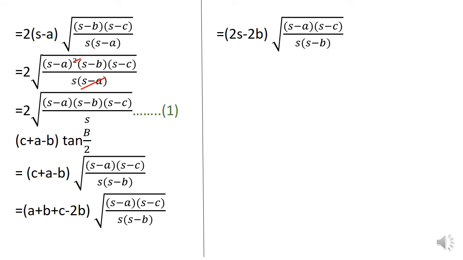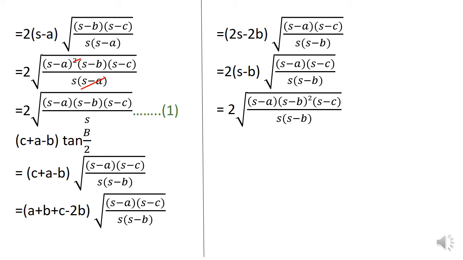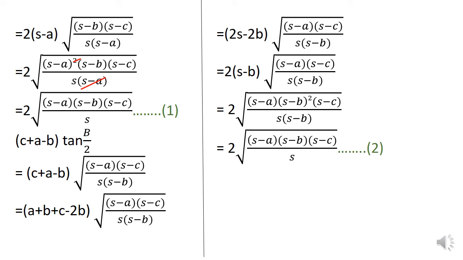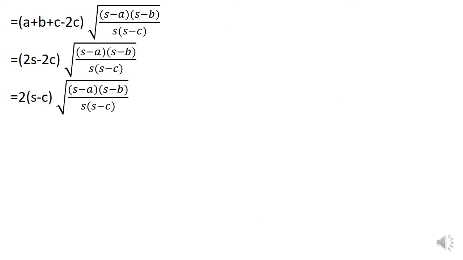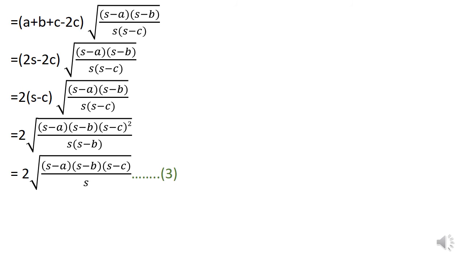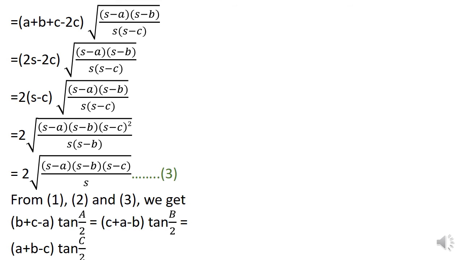And the next step is the same as you can see, and the next to next step. Thus we get the same thing that we got as the first equation, which becomes the second one. The third term also is treated in the same way. You can see it for yourself. Thus from 1, 2 and 3, the question is proved.